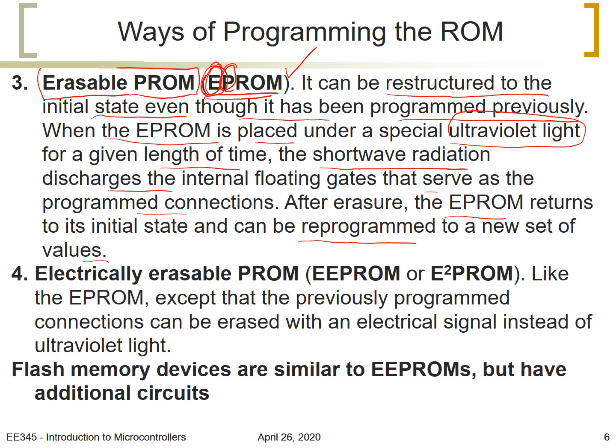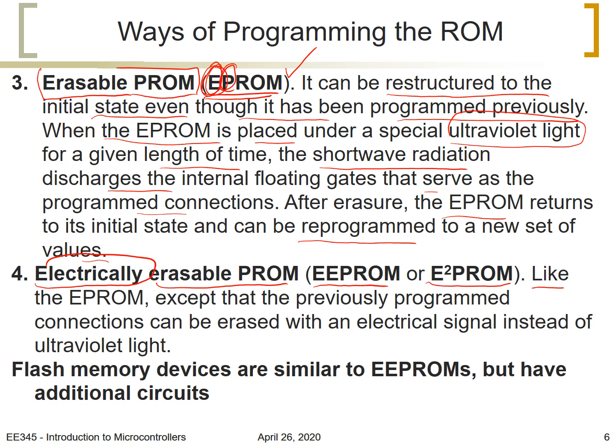It can be used many times, especially in development. When someone is trying experiments in the laboratory, he wants to try a PROM, so he can program it and then change it as he or she wishes. Finally, the last one is called electrically erasable PROM, or EEPROM, or sometimes E-squared PROM.